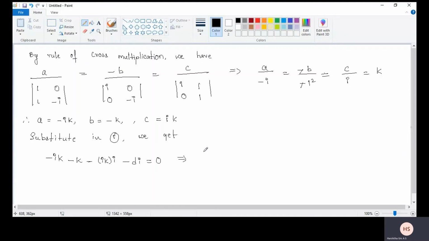That implies here, first I will write minus ik minus k, i into i square value is minus 1, minus into minus plus k minus di is equal to 0. So k and k will get cancelled. We get minus ik is equal to di. That implies i will get cancelled. d is equal to minus k.